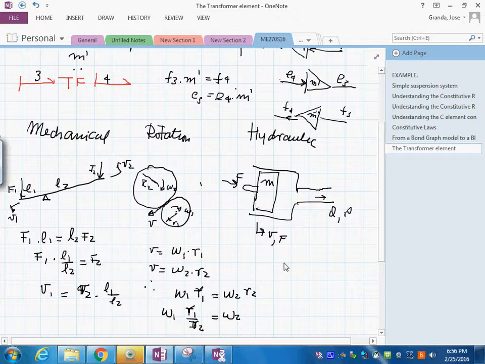So that area is here, like this. The volume flow rate Q sub 1 is the result of the area multiplied by the velocity.